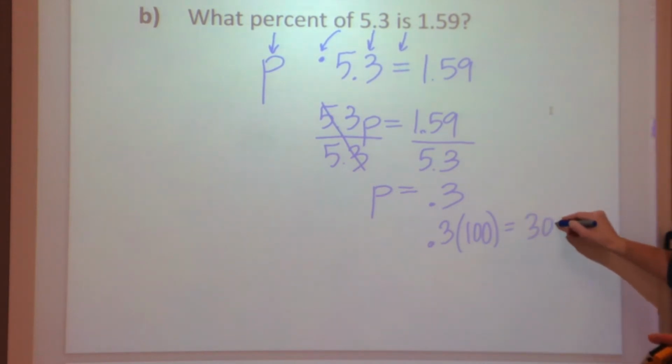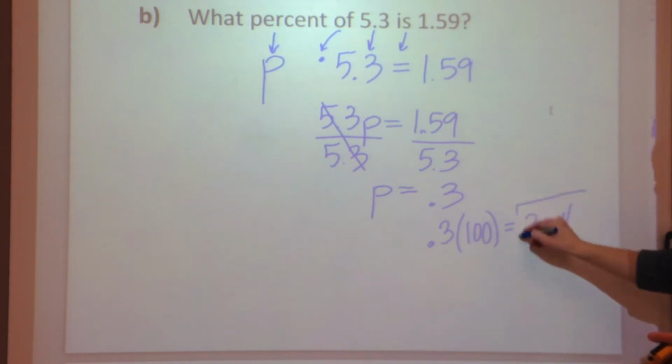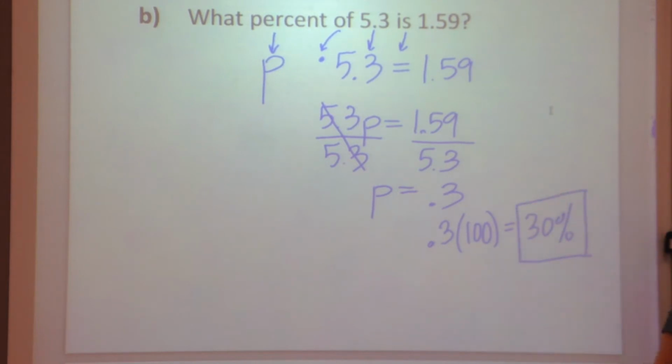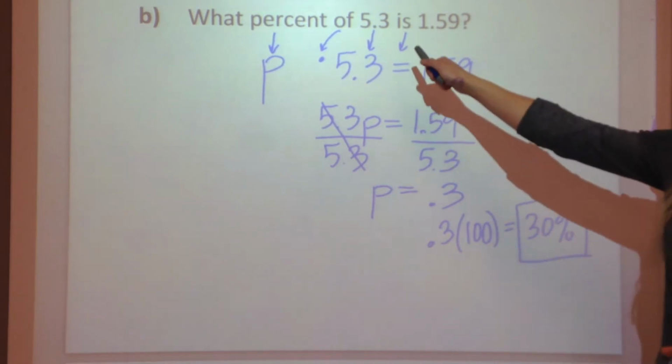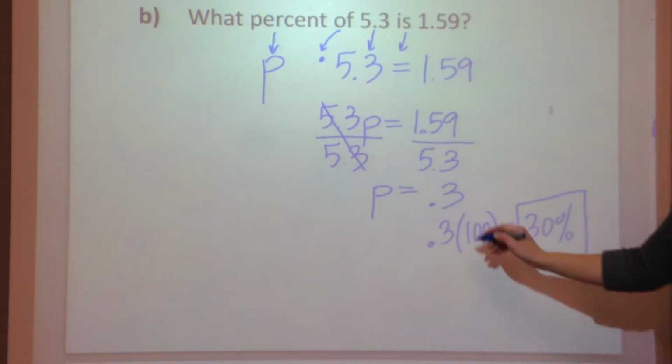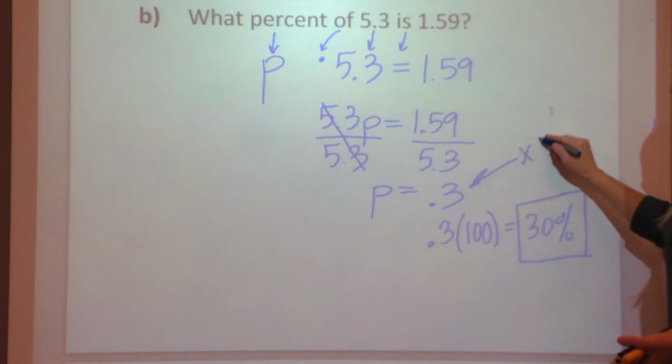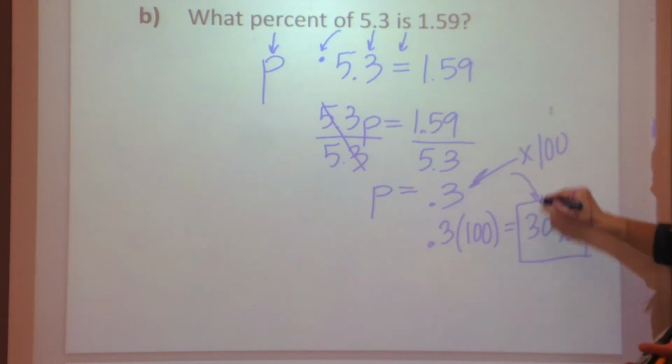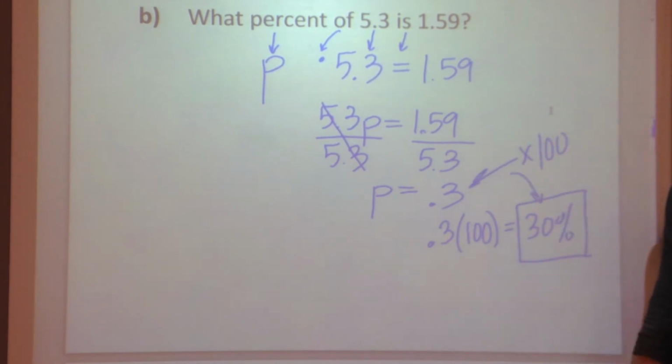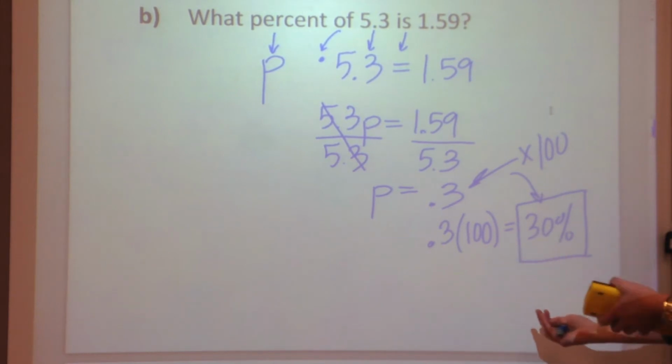So that'll be 30%. So what percent of 5.3 is 1.59? 30% of 5.3 is 1.59. So just realize at this step you have to multiply by 100 to actually figure out what that percent is. Okay, so 0.3 is the same thing as saying 30%.